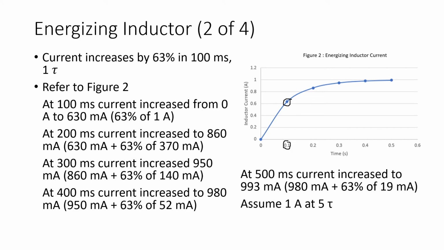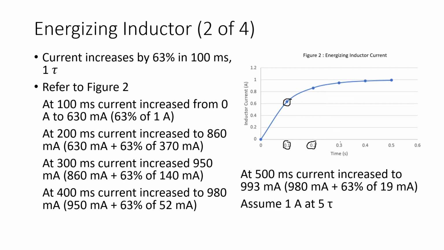At 200 milliseconds, 2 time constants, the current has increased 63% again, but notice it has increased to 860 milliamps. From 100 milliseconds to 200 milliseconds, the current has increased by 63% of 370 milliamps, which is the difference between 630 milliamps and the maximum current of 1 amp.